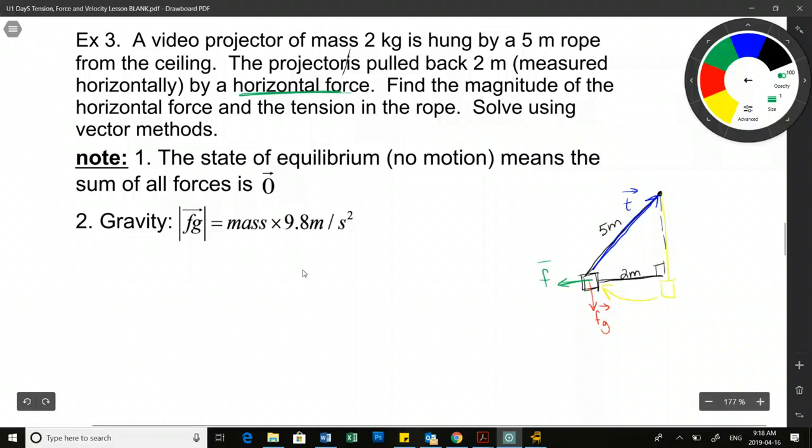This is the main force that our box is being pulled back with. So we'll just call that our force F. That's the horizontal force. Okay, so the idea here, guys, is that if this box is at equilibrium, it's being held here, then the force at which we're pulling it away from its original starting point, as well as the force of gravity, should be counteracting the tension here, okay? TX equals F.